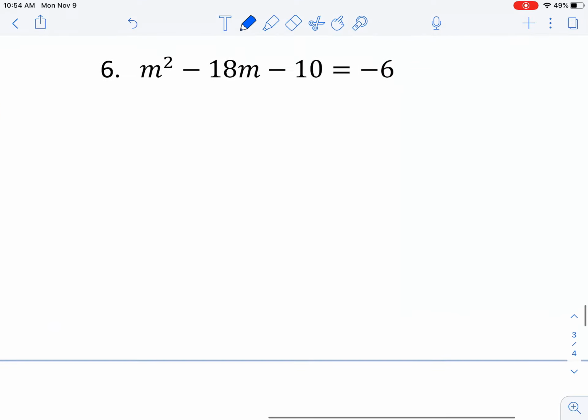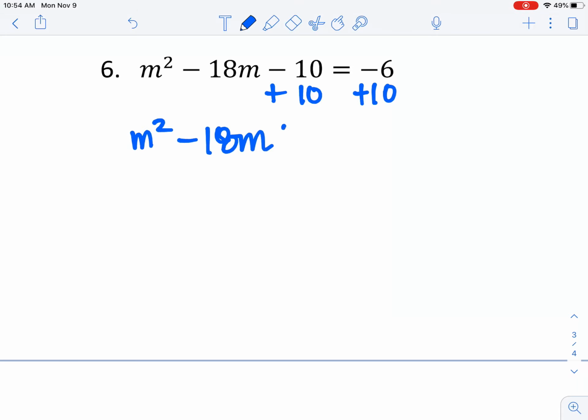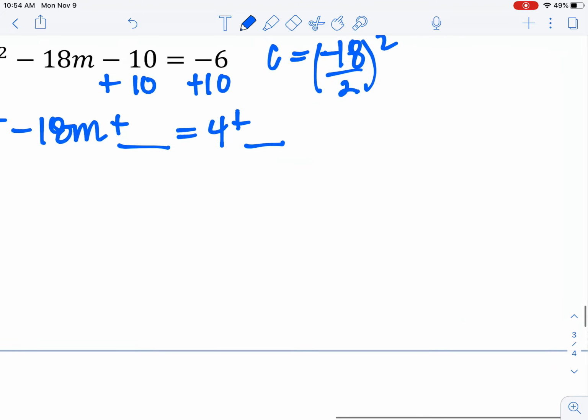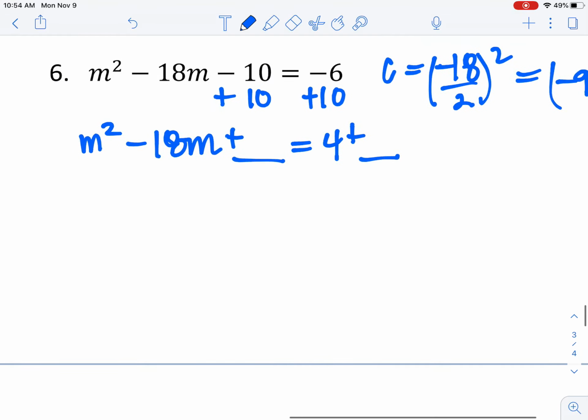Then over here, let's complete the square. Okay, we're going to add our 10. So we get m squared minus 18m equals 4. C will be negative 18 over 2 squared. So negative 9 squared, which will be 81.